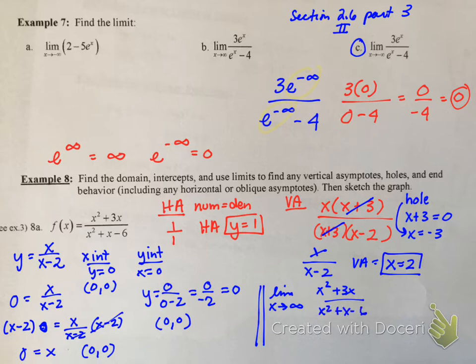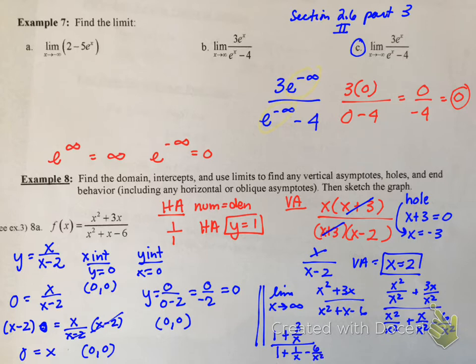So once again, dividing the highest power in the denominator by each term. I get this. And now when I do the math, I get 1 plus 3 over x over 1 plus 1 over x minus 6 over x squared.